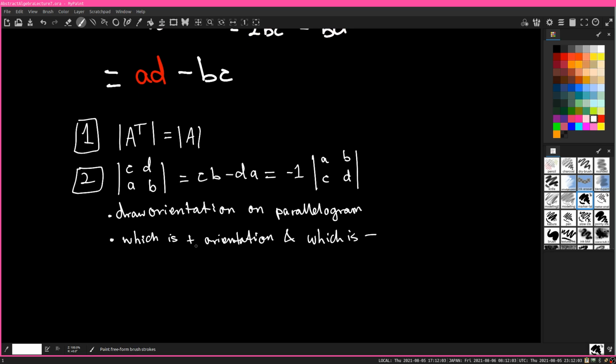A positive orientation means the signed area is positive, written S greater than 0, and a negative orientation means the signed area is negative, S less than 0. And then what does null orientation mean? How do you interpret S equal to 0?